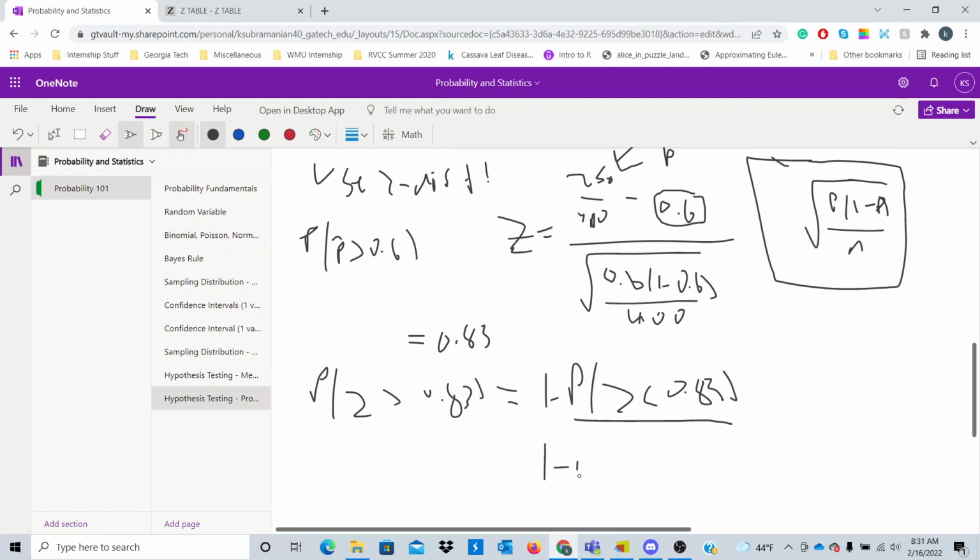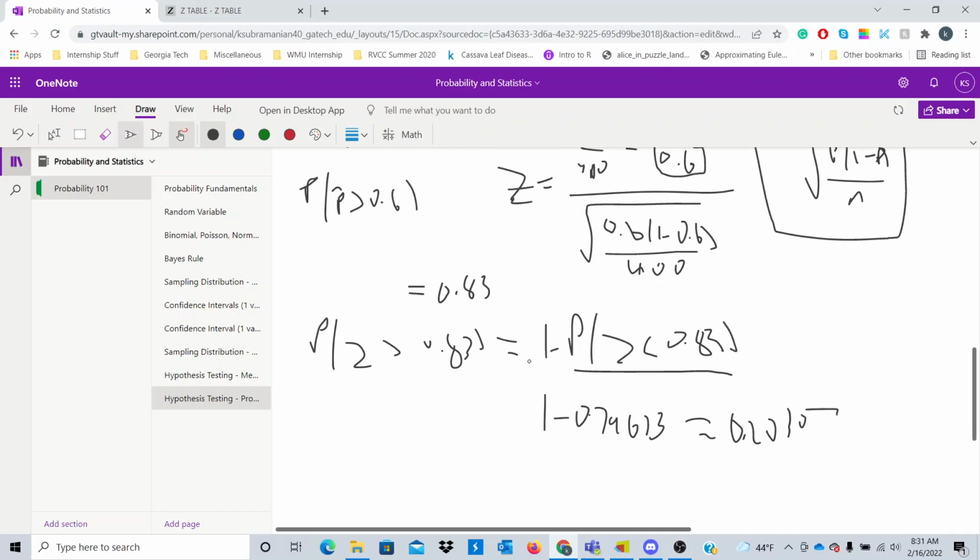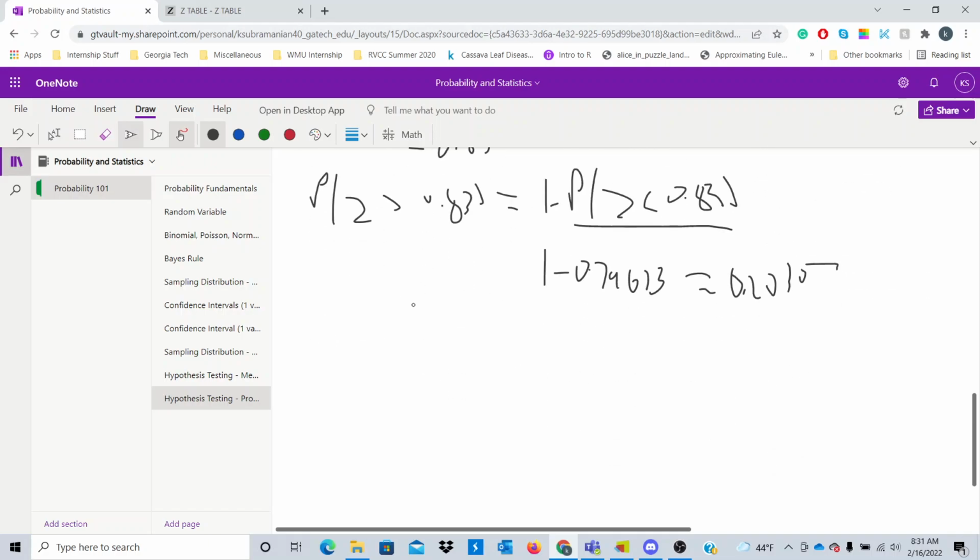So we want to do 1 minus 0.79673, which is approximately 0.20307.